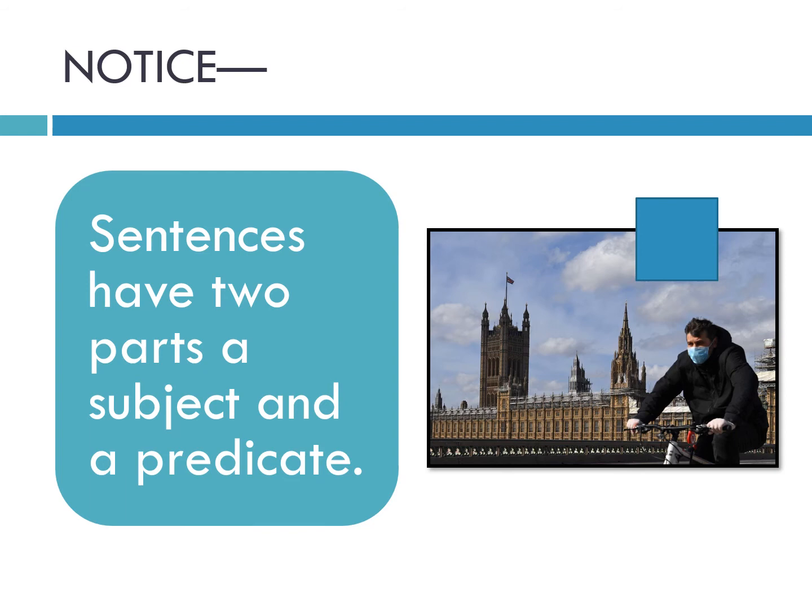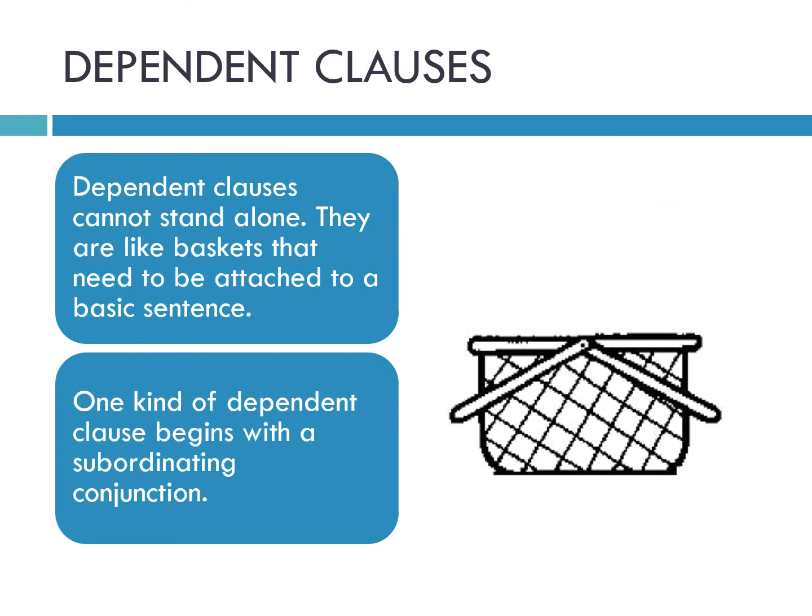Sentences have two parts, a subject and a predicate. Dependent clauses: think of the dependent clauses almost like a basket for a bicycle. They're not a wheel. They are not a stable structure. They need to be attached to the bicycle like a basket.